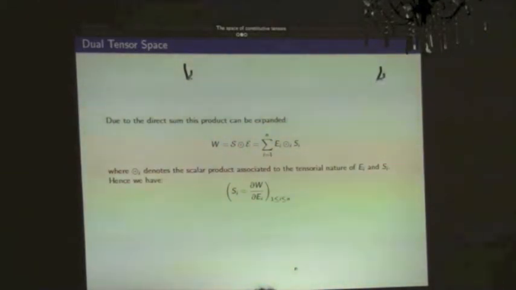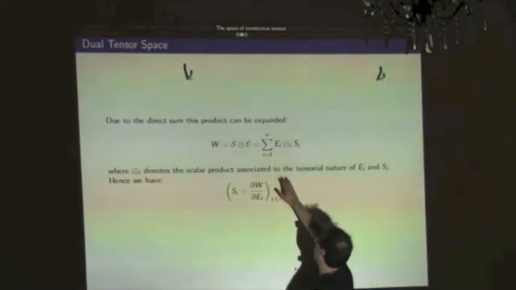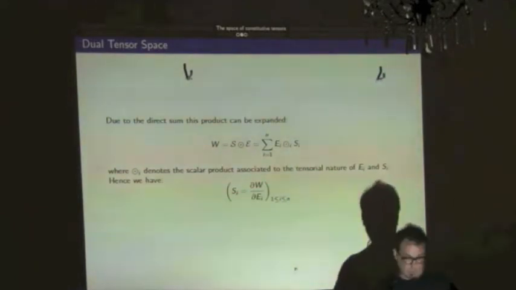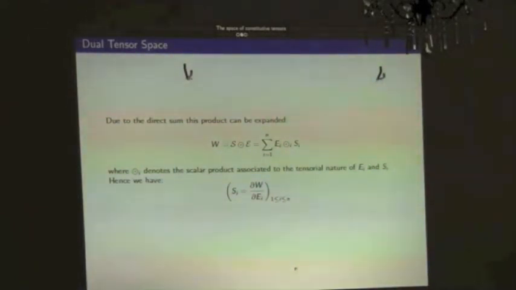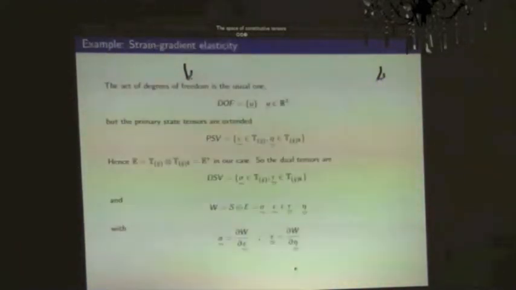So if I expand using the properties of my direct sum, this energy between S, that is my generalized static description, and my kinematics, I will obtain a kind of general law that will involve all the joint products in my theory.